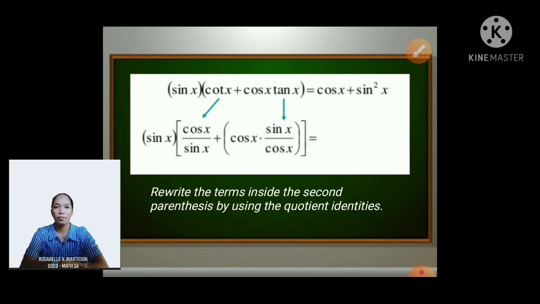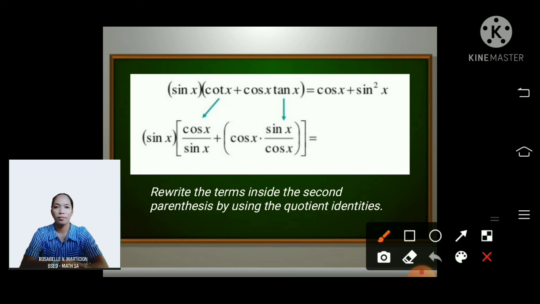The cot x is transformed into cos x over sin x, and the tan x is transformed into sin x over cos x, which is writing the terms inside the parentheses by using the quotient identities.